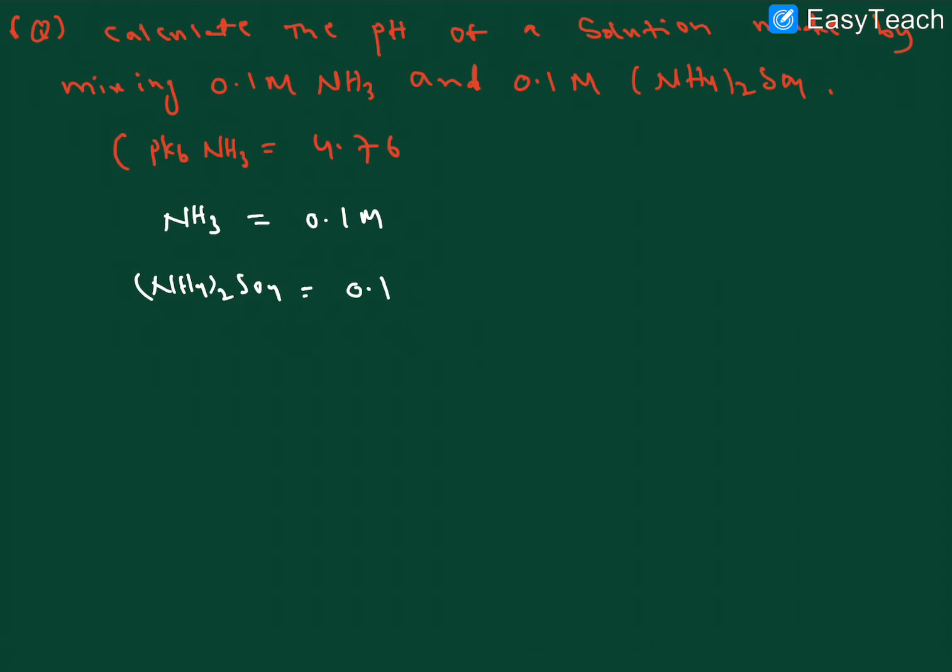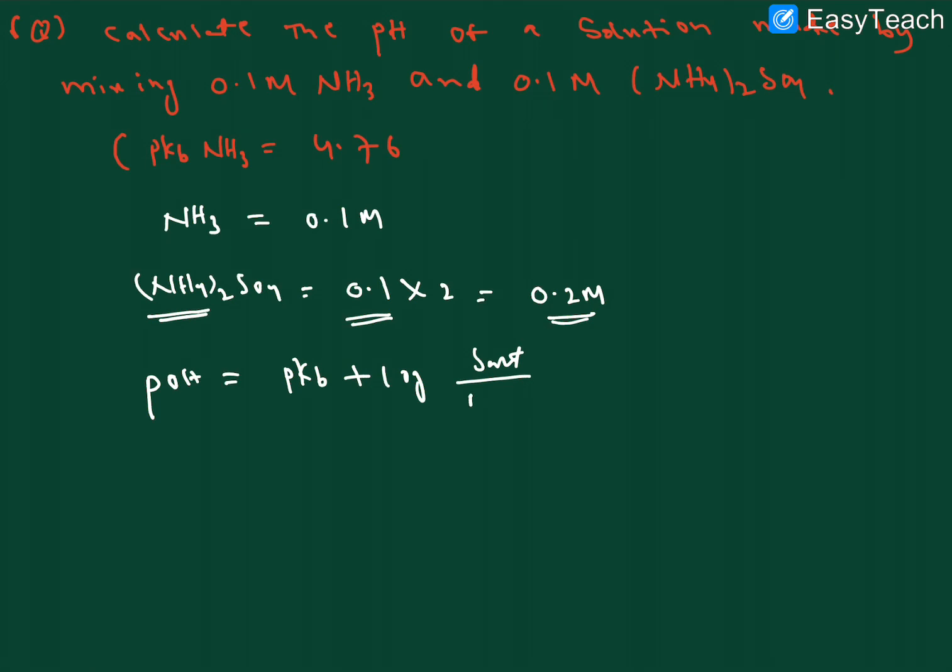But for the salt concentration, ammonium sulfate, they are giving 0.1, right? But we are not taking this directly because there are 2 ammonium ions, so multiply with 2, equal to 0.2 molarity.